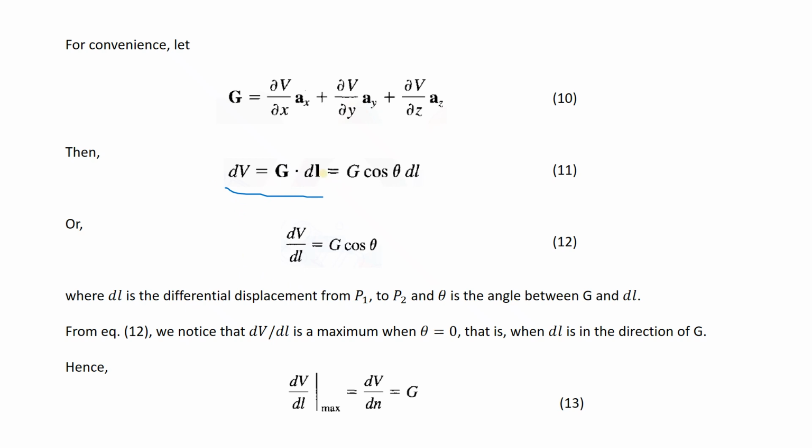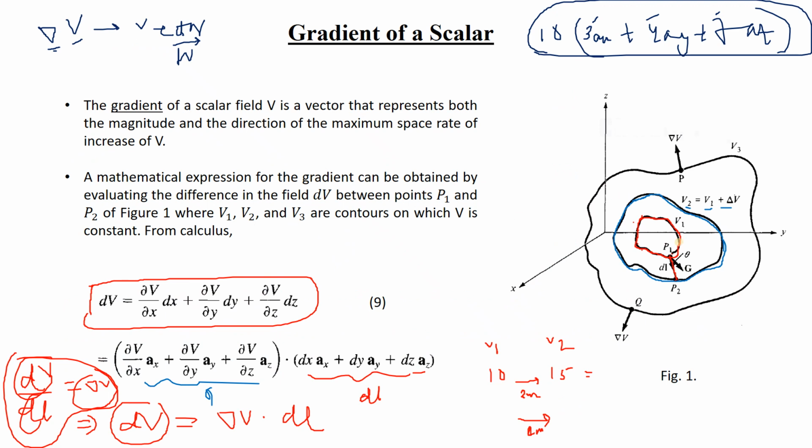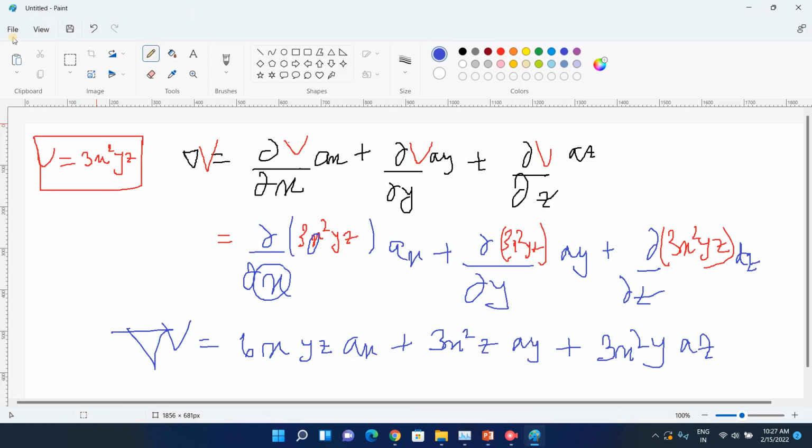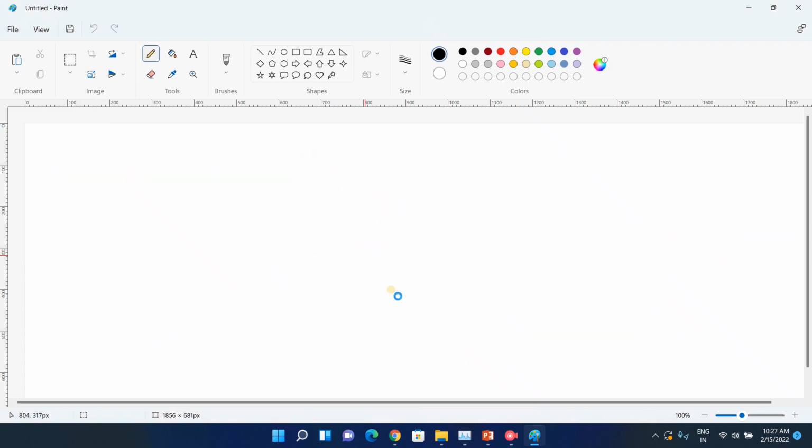So g dot dl is giving you dv. So dot dl means what? g cos theta dl. That means this path is g, suppose, this is g.